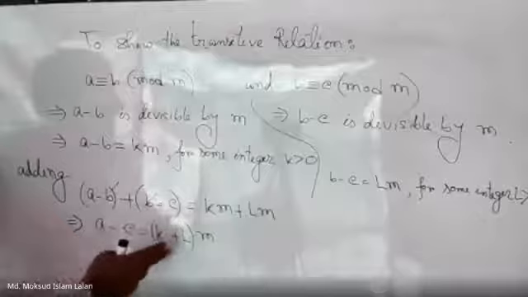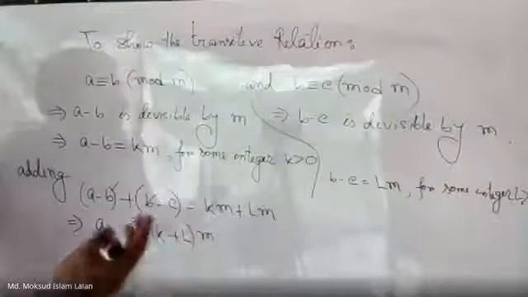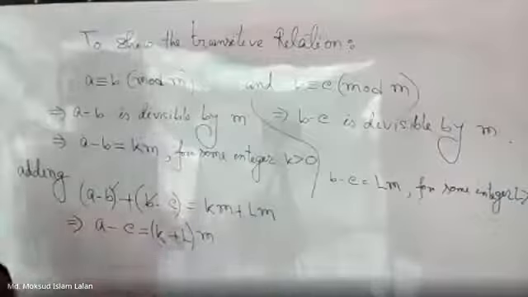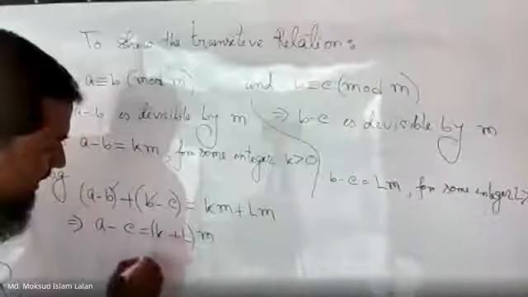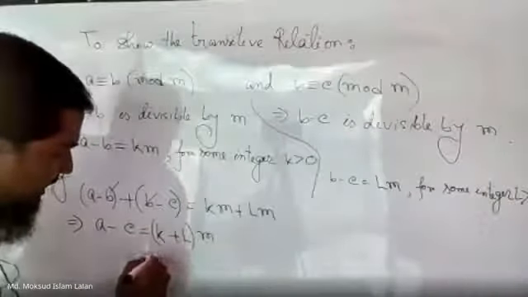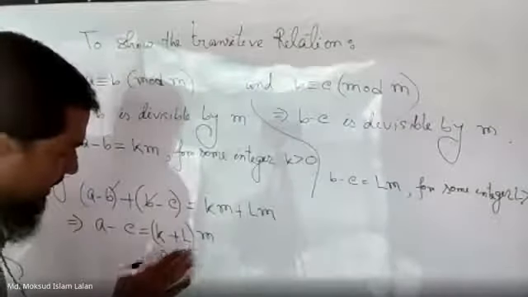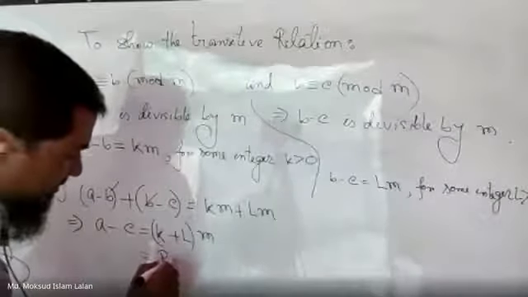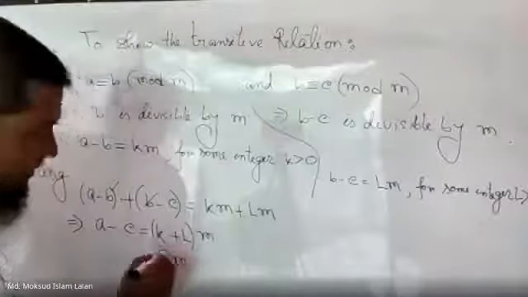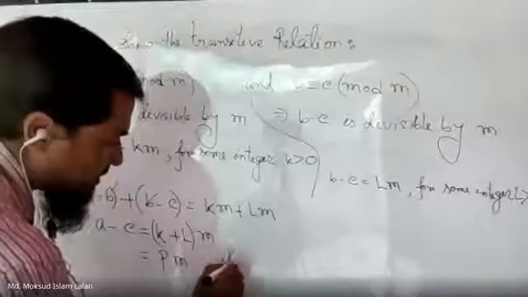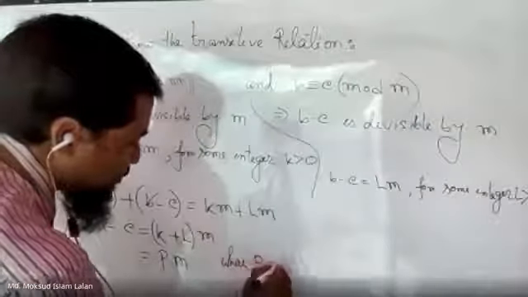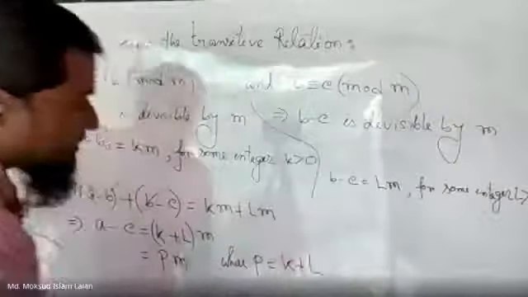So dear student, K and L both are integers, right? So if you add two integers, what will be the result? It will be an integer or a fraction? Integer, sir. So instead of writing K plus L, can I consider another integer P, where P equals K plus L?